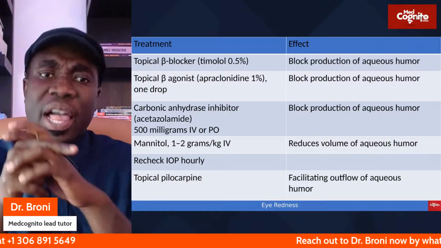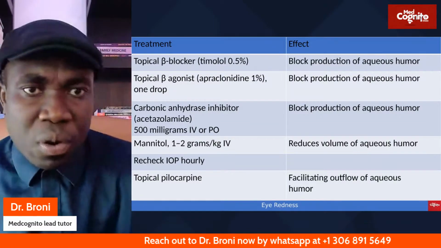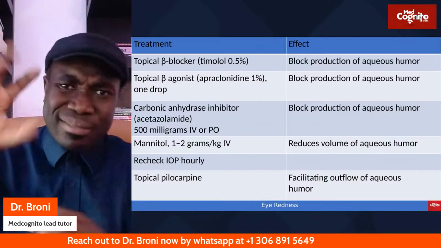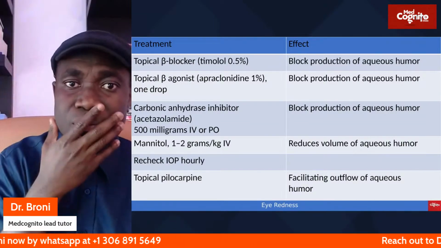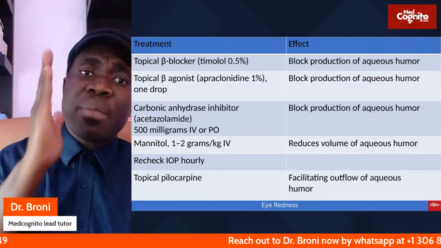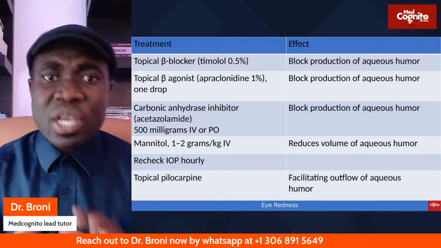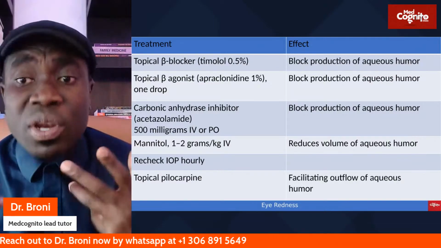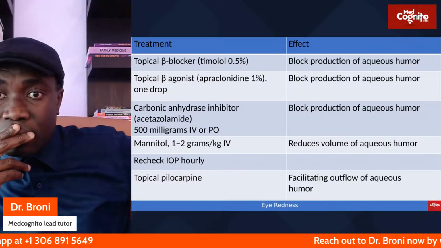Acetazolamide also helps to block the production of aqueous humor. So you see, we are dealing with production so that it doesn't produce more. Somebody is brought to you: remember your timolol, your apraclonidine, your acetazolamide. Even if you are sleeping and somebody wakes you up, you should be able to explain to that person.